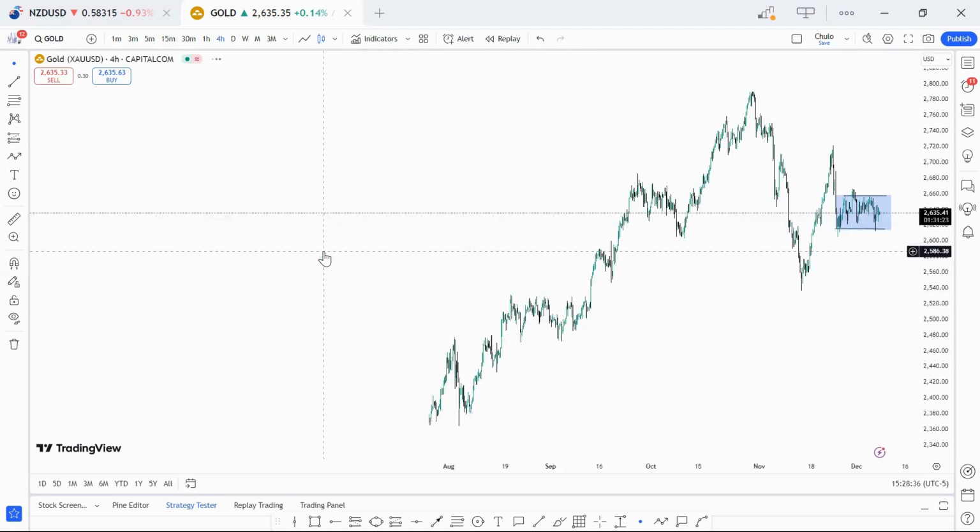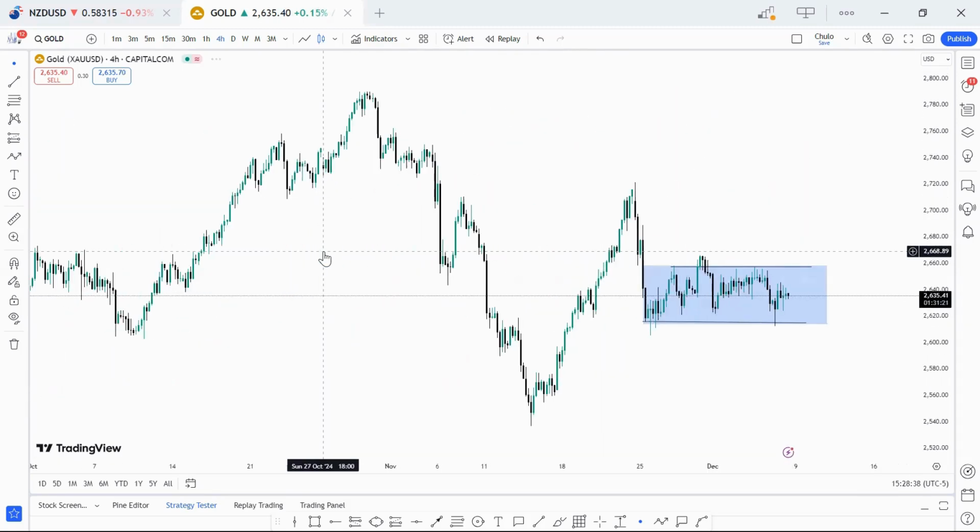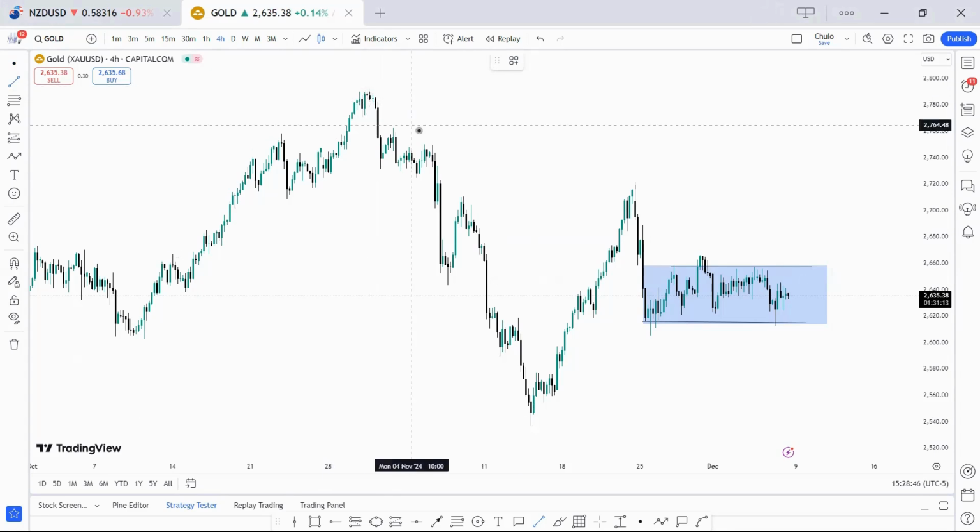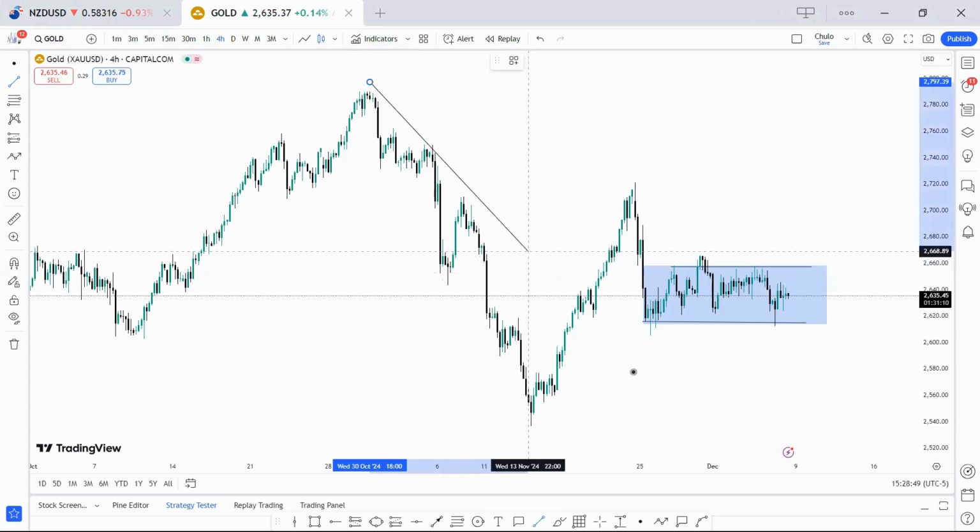So I believe everybody understands the ranging support and resistance. So now let's go to a bearish support and resistance. I think I can clearly see one, so let's draw a support and resistance level.